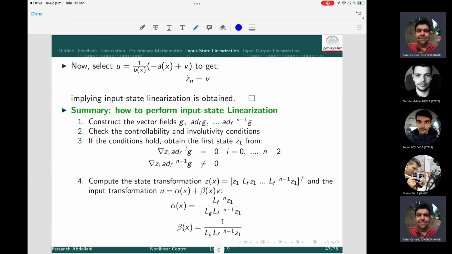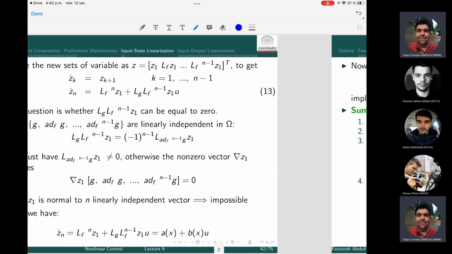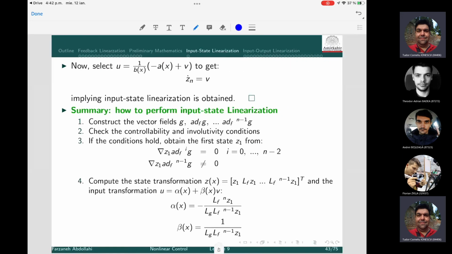The proof is constructive in some sense because it shows you how to get the condition. But we are going to skip the proof because we saw this a little bit last time, and we're going to get to the main result. So how do you do input-to-state linearization? You construct these vector fields using Lie brackets. You check the controllability and the involutivity conditions with the Lie brackets and the sets, the rank condition.